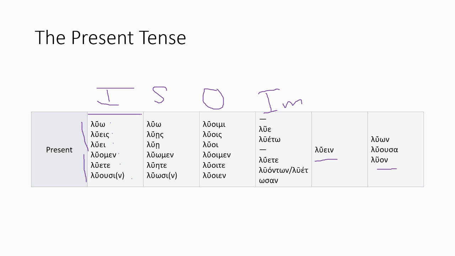It implies a statement of fact. So this verb means to loose, essentially. So lyo means I loose, you loose, he, she, or it looses, we loose, you all, or you plural loose, and they loose.